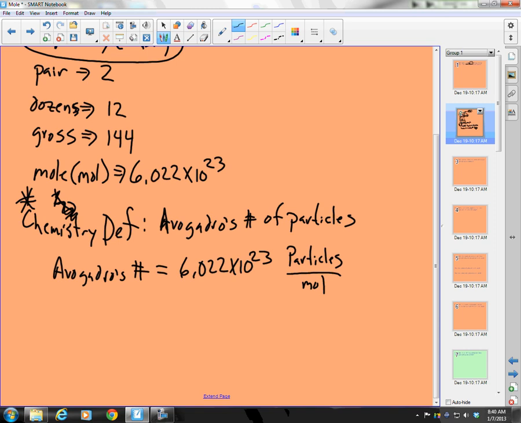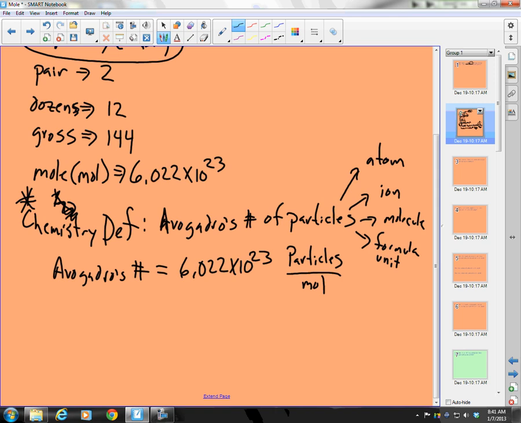Now, what's this concept of a particle? Well, the four big types of particles we have are what? An atom is a particle. An ion is a particle. A molecule is a particle. And then, of course, the equivalent of molecules for ionic compounds is the formula unit. So when we say particles, we can insert any of these four.